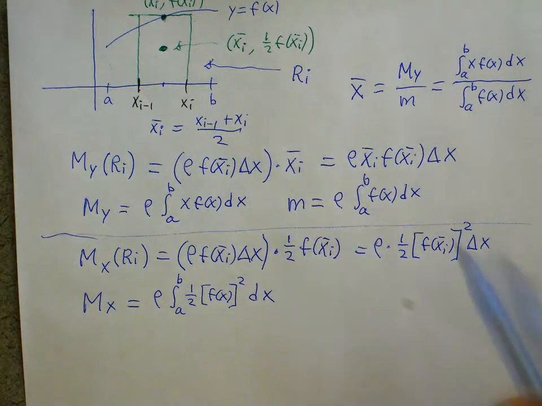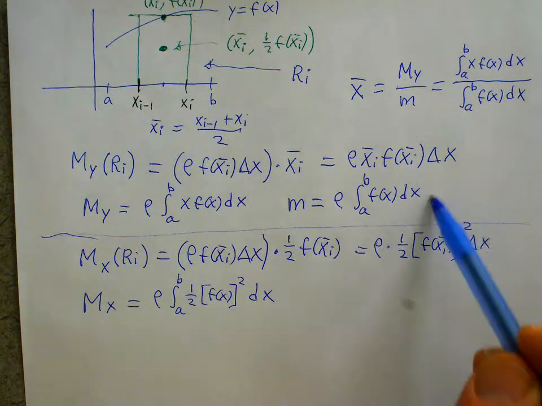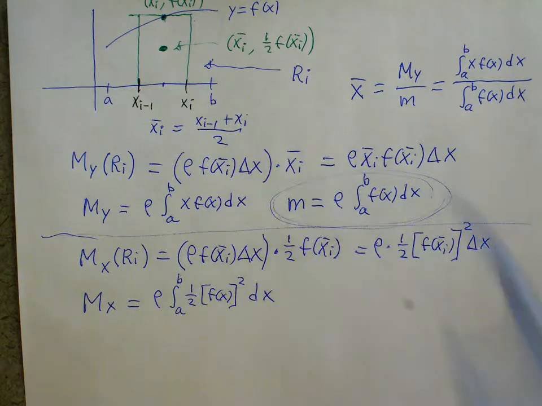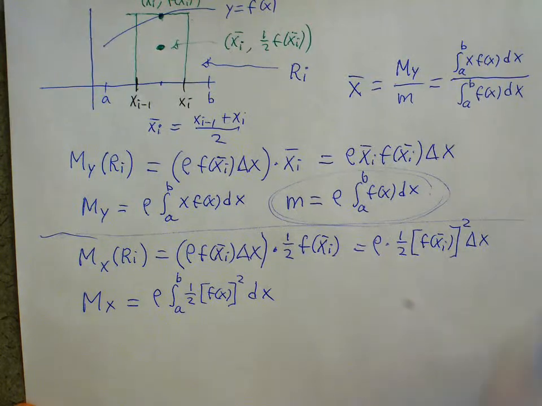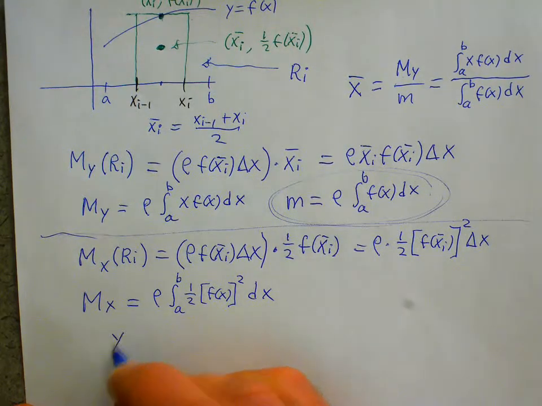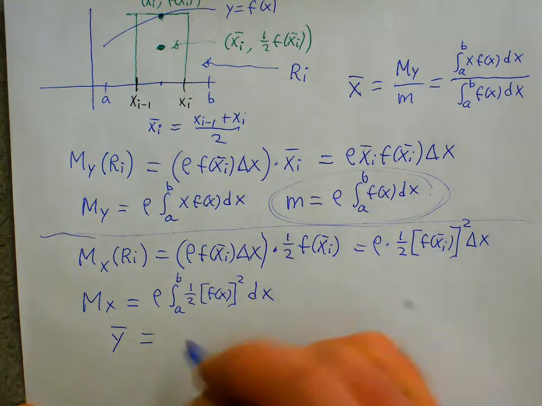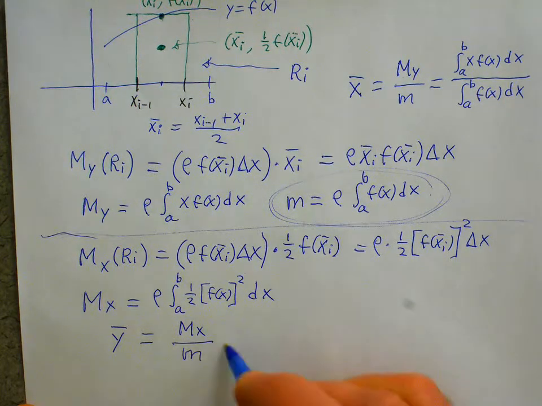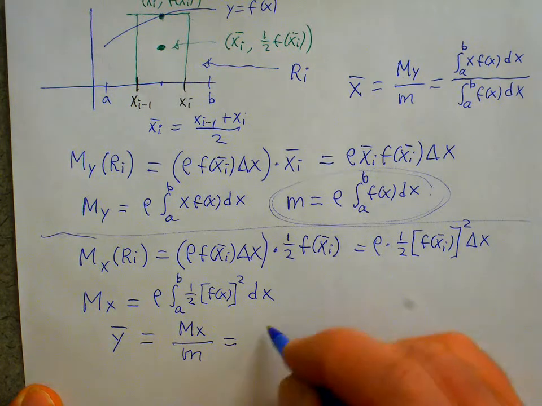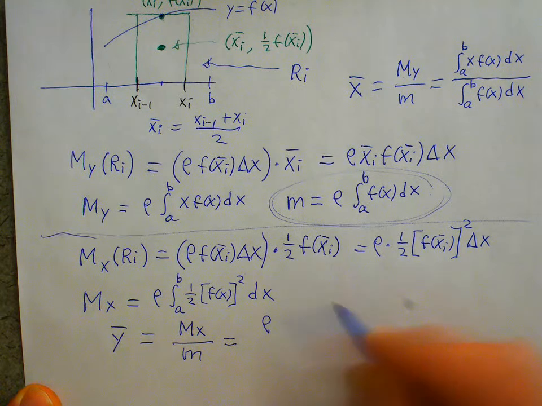Okay, and we already found the expression for the mass of the entire region. And so the y-coordinate of the center of mass, y bar, is the moment of the region about the x-axis divided by the mass. So in the numerator, we'll write rho one more time.